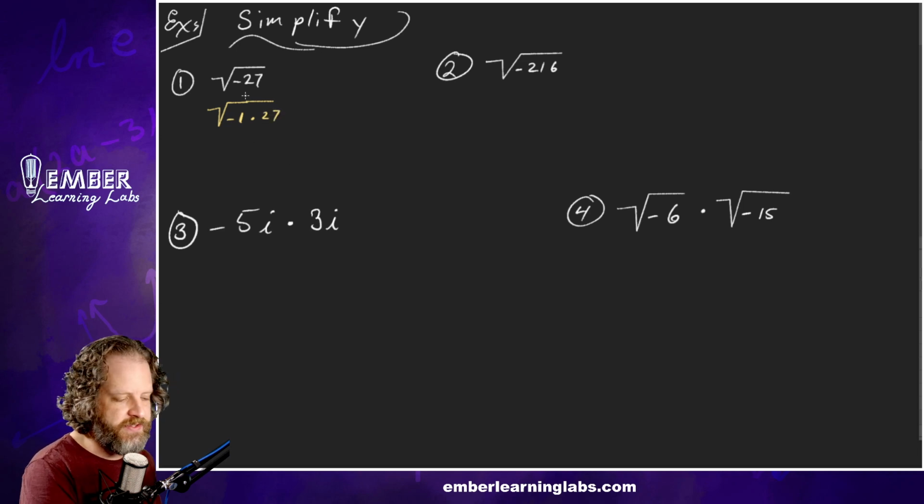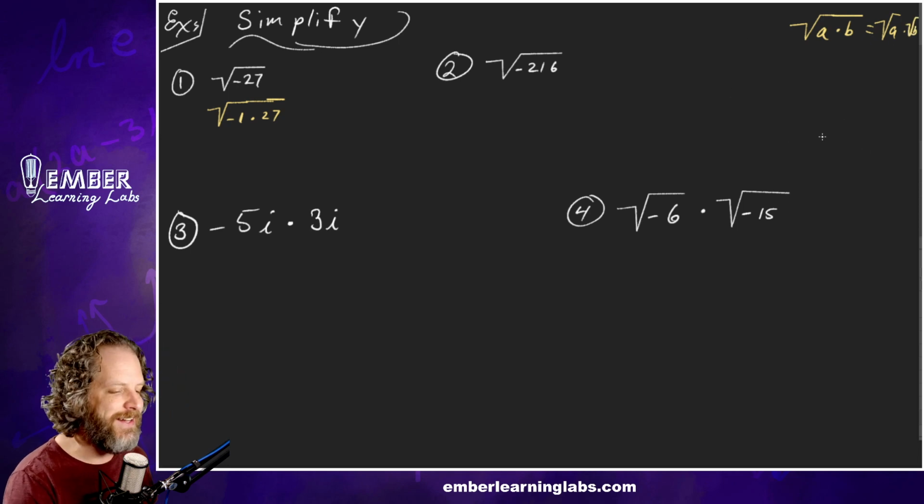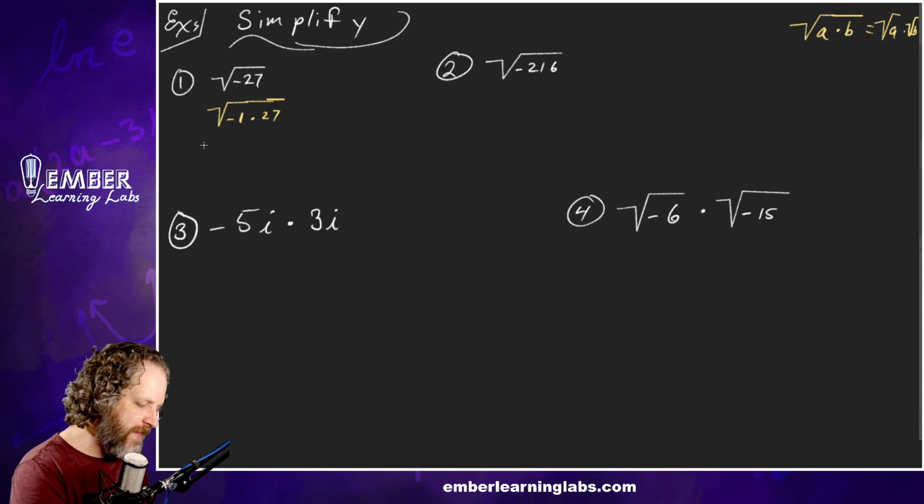And then you may or may not remember that if I have the square root of A times B, then I can split that into the square root of A times the square root of B. So we can split this into the square root of -1 times the square root of 27.